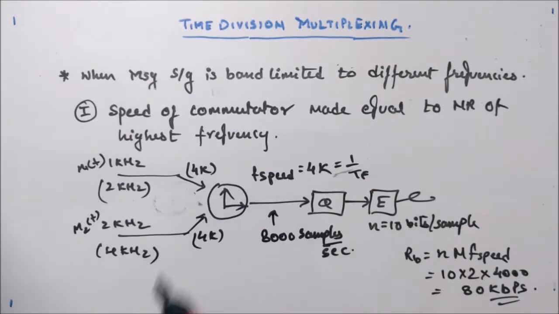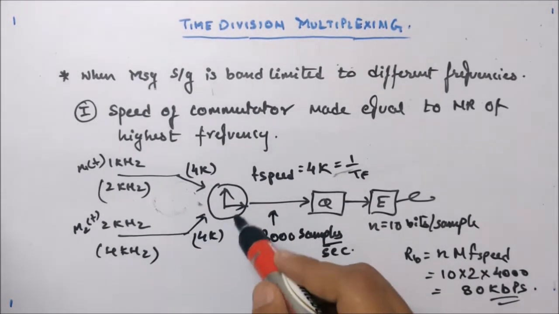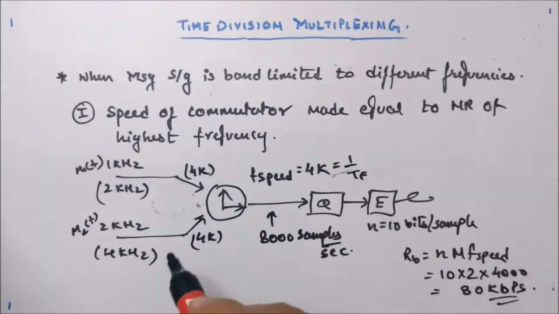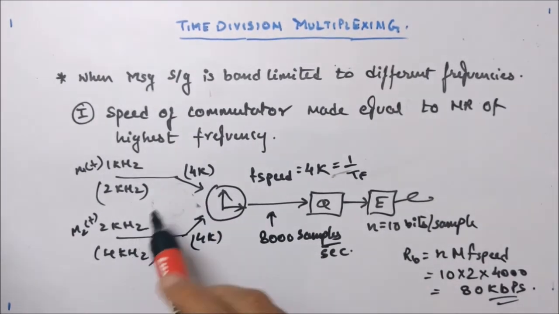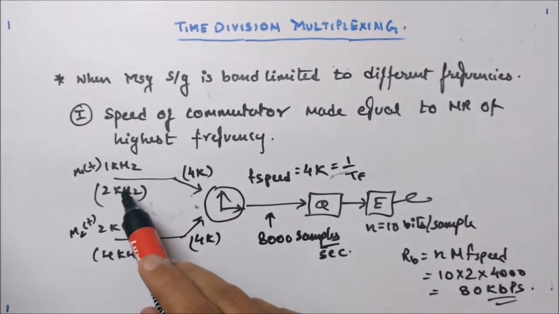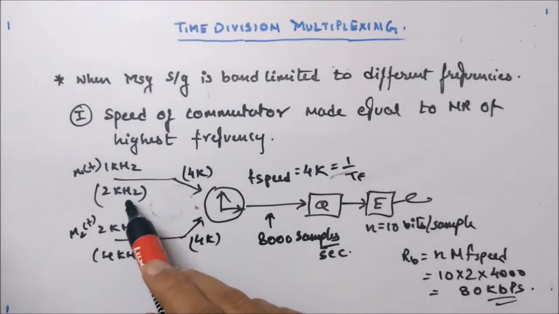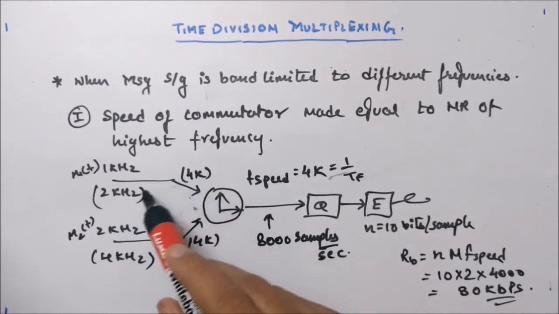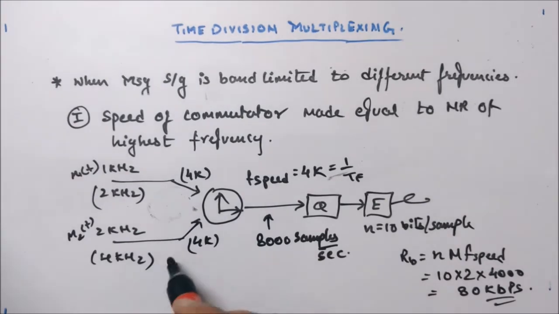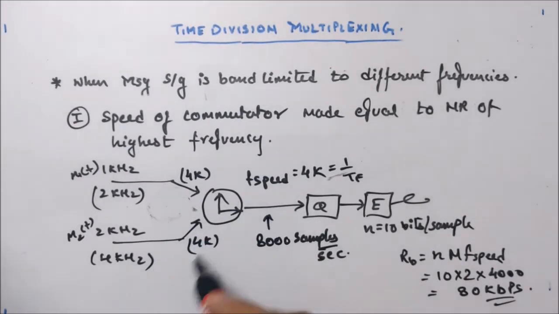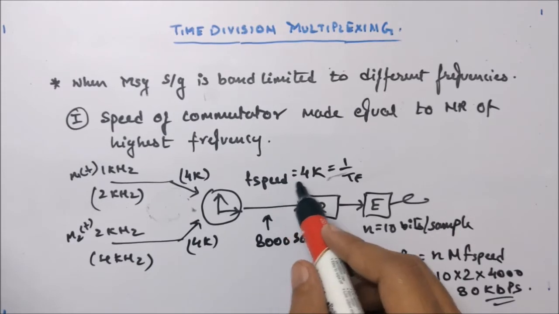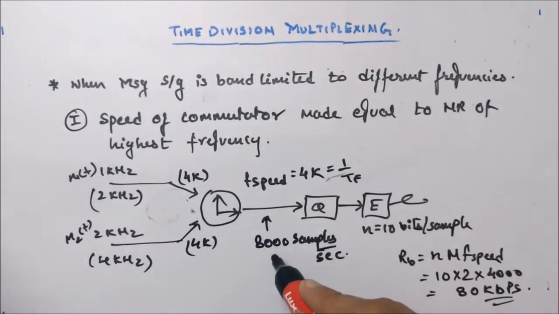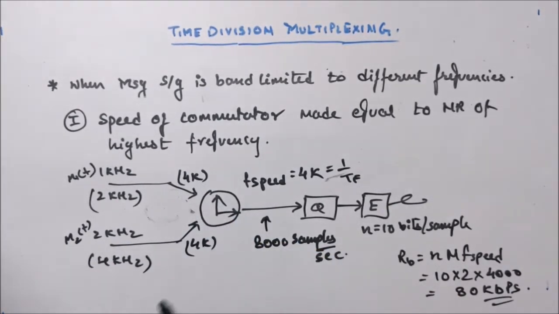It has to be made equal in both places, so that your commutator will run at one frequency. So we kept 4K, and we justified that this message M1(t) requires 2 kilohertz or more as sampling frequency. We are providing 4K, so it's fine according to the sampling theorem. And this one is already getting sampled at 4K, so our commutator speed is 4K, and whatever comes out has 8000 samples per second, 4000 from here, 4000 from here.